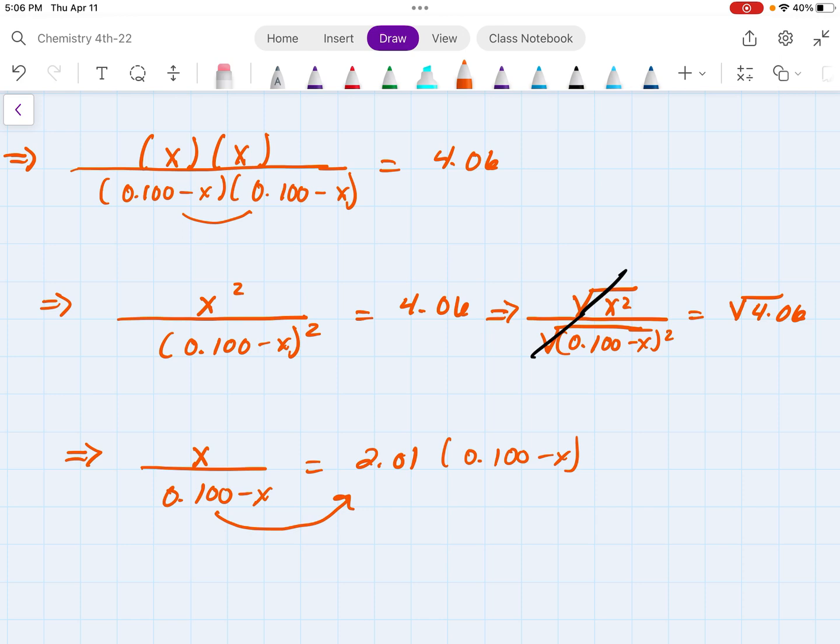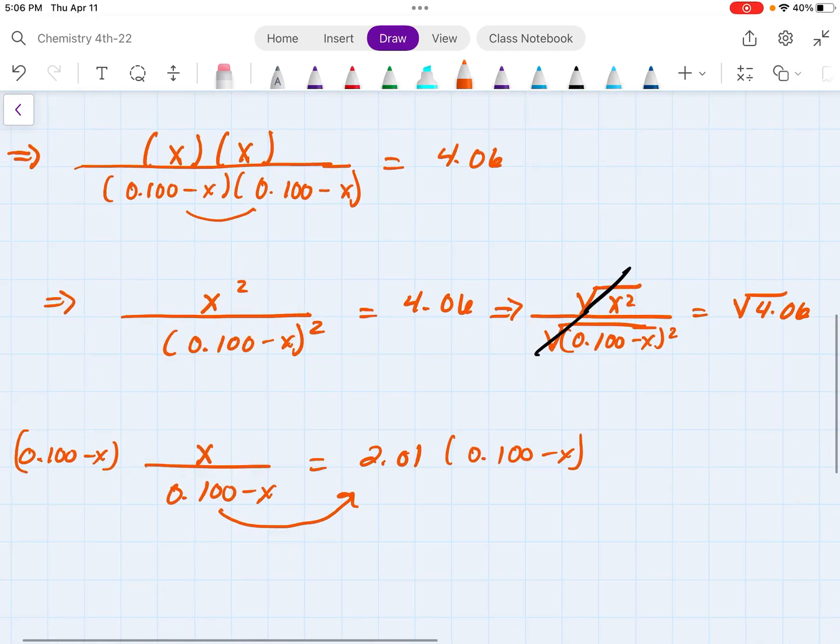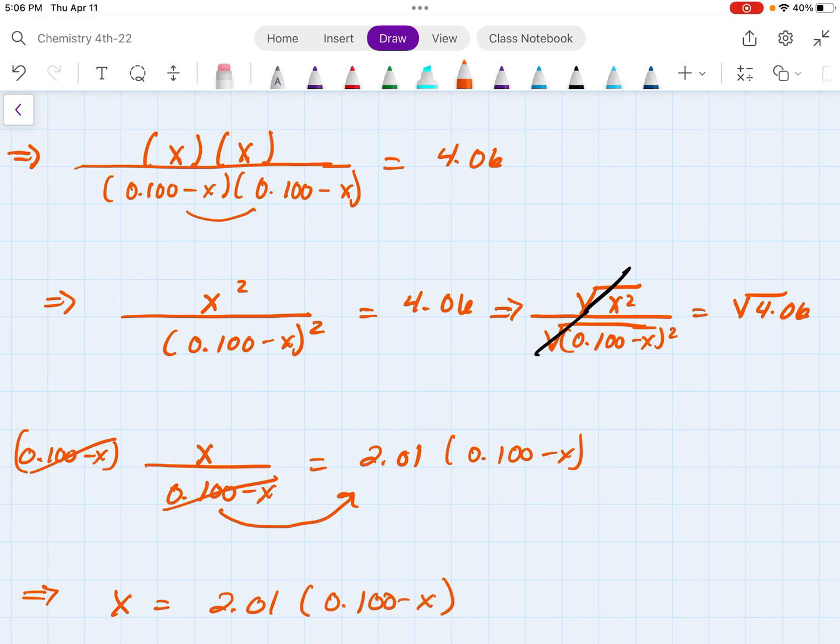0.100 minus X. What that does is it cancels here, and then I'm left with X is equal to 2.01 times 0.100 minus X. Again, just basic algebra at this point.